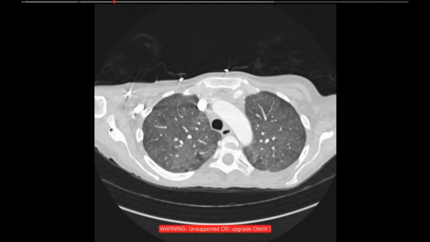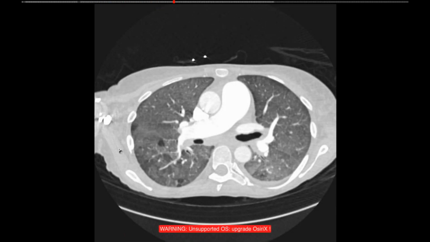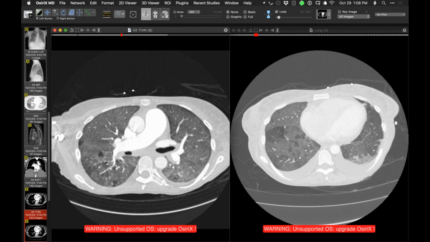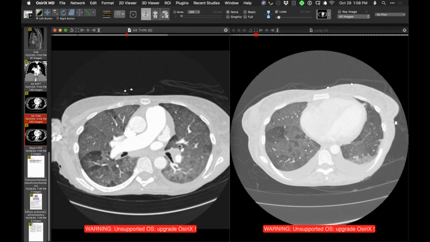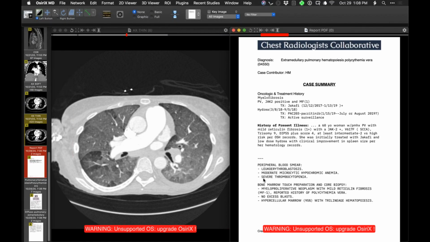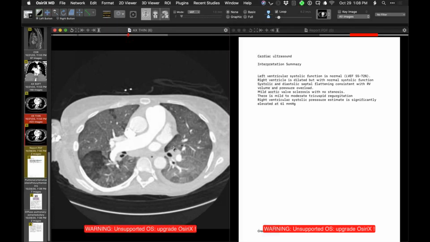So that may occur in myelofibrosis, but it may also occur in polycythemia vera and may be associated with pulmonary hypertension, which this patient has. So I'll give you some context over there for the polycythemia vera and some findings related to that. No surprise that there is pulmonary hypertension. So I don't have a biopsy, but I'm pretty confident that's what it is.